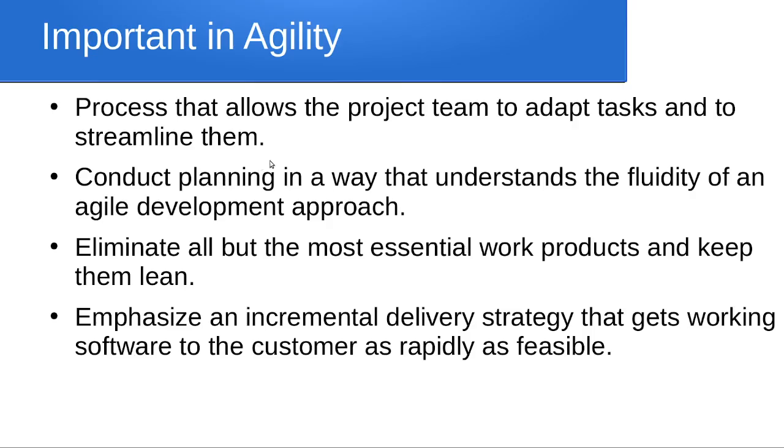Here in agility, we have to think about the process. This process should be designed in a way that allows the project team to adapt the tasks and to streamline them. We should be able to adapt according to whatever the tasks are, and we will have to streamline with the tasks.